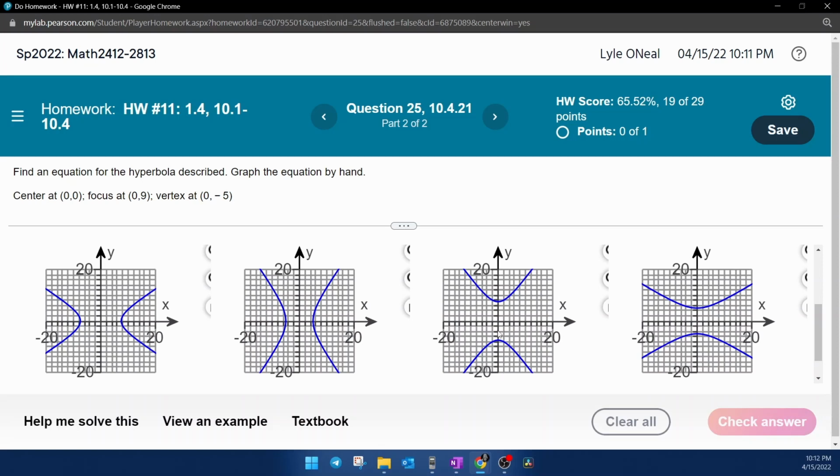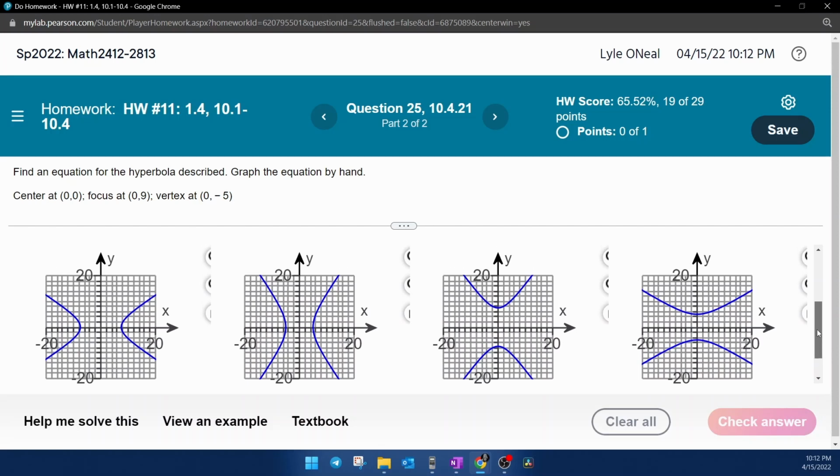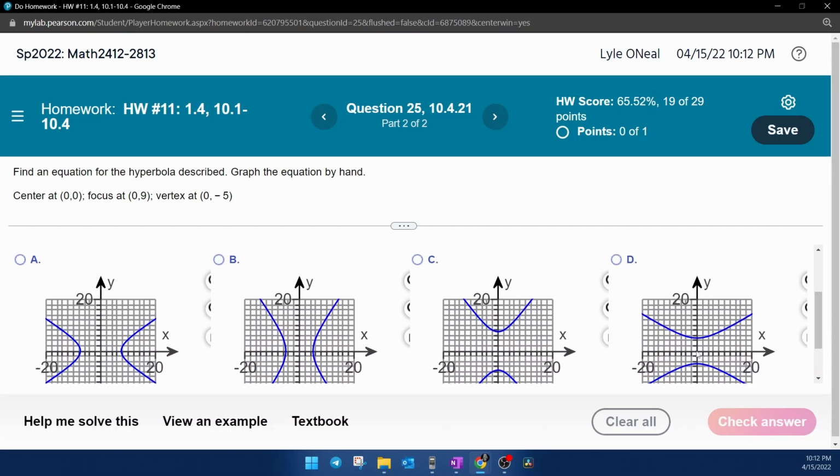So then that would be 2, 4, 6, looks like 7 or 8 for the vertex for answer choice C. But then on D, it's 2, 4, 5. So answer choice D is going to be the answer choice that has the correct transverse axis and the correct vertex.